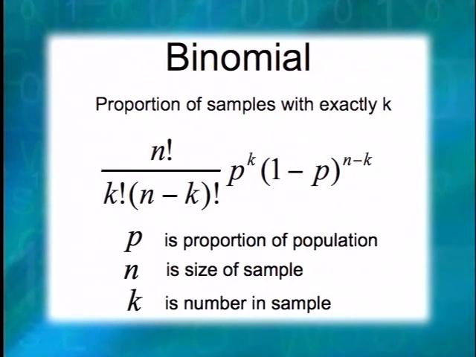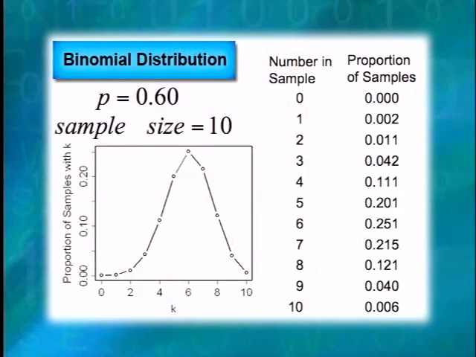has exactly k elements in each of the samples. And then this is a chart that just shows that if we have a sample size of 10 and 60% of the people are, say, for a proposition, we would expect this kind of a fraction of those samples of 10 to have 6.